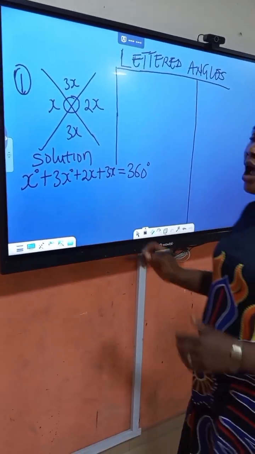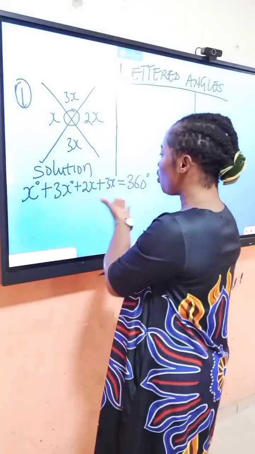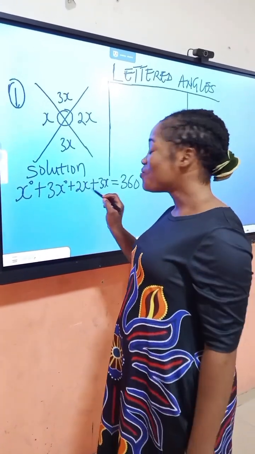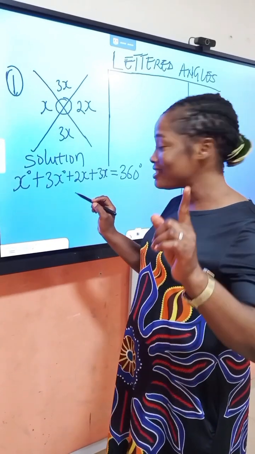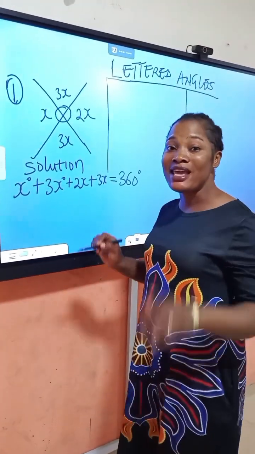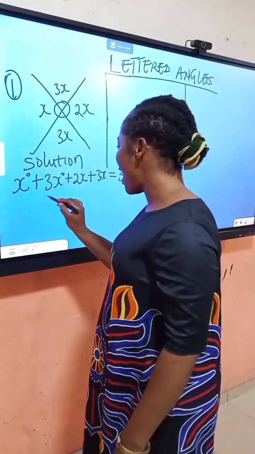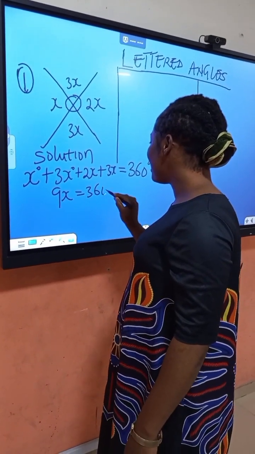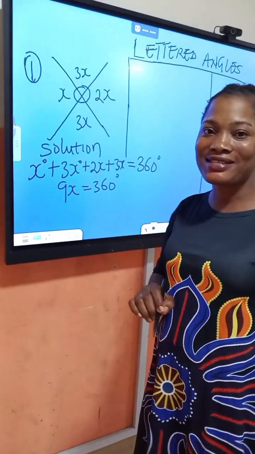So what am I going to do next? I'm going to add all of this. x plus 3x will give me 4x, plus 2x will give me 6x, plus 3x will give me 9x. So I have 9x equal to 360 degrees.